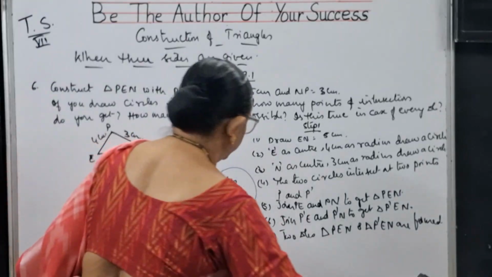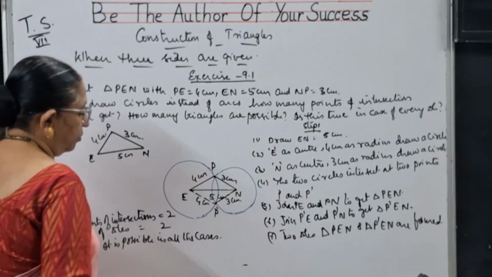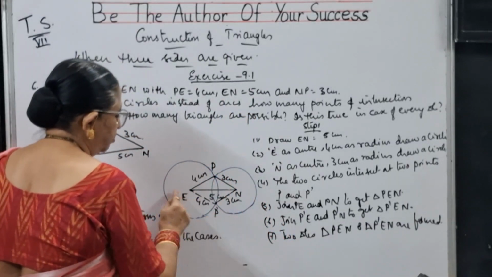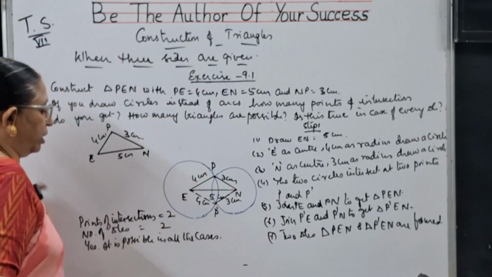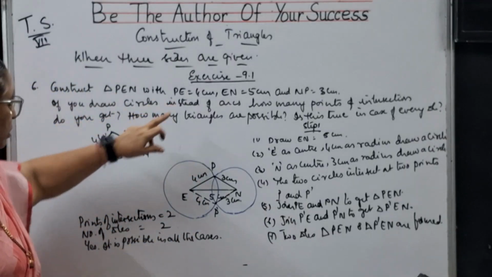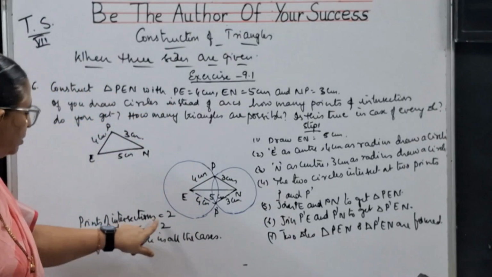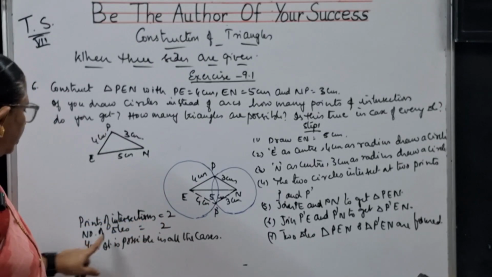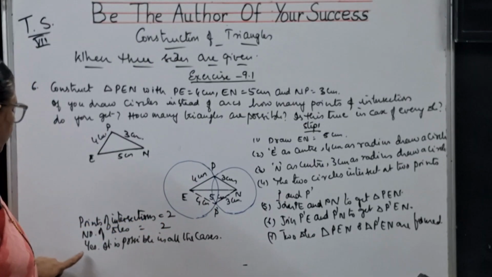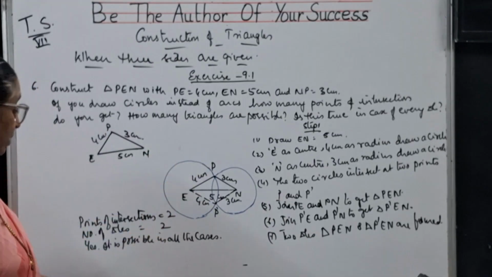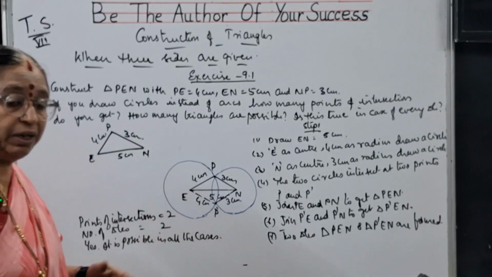So when you draw this, you are getting one triangle PEN and another one P dash EN. These are the two triangles. That is why, first question, how many points of intersection? 2. Number of triangles formed? 2. So, is it possible with every case? Yes, it is possible in all the cases.